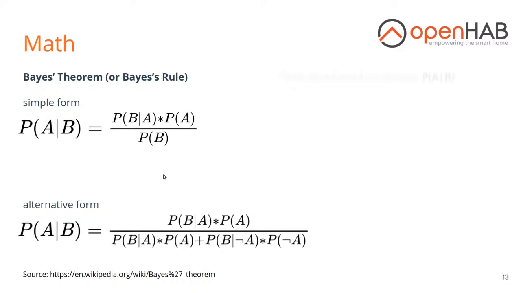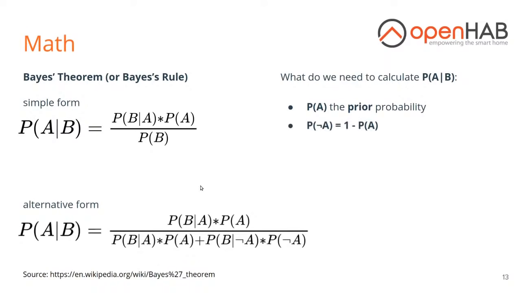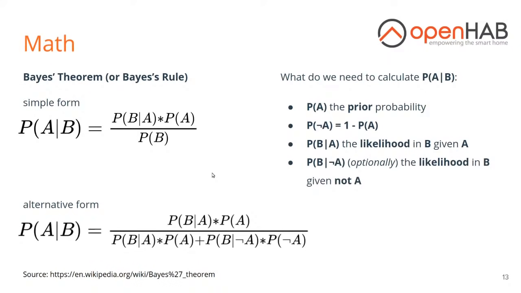Okay, now what do we need to calculate the posterior probability? We need the prior probability. We have to define it. We can calculate the complement. We need the likelihood of an event. And optionally, we need the likelihood of event B if A is not given.